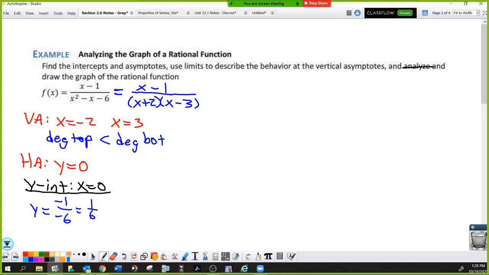Cool. How about the x-intercept? Or intercepts, it could have more than one. This one doesn't, but it's possible. Well, if x being 0 gives you y-intercepts, I think it should be pretty obvious that y being 0 gives you x-intercepts. But y equals a fraction. It is our rational function x minus 1 over some stuff.